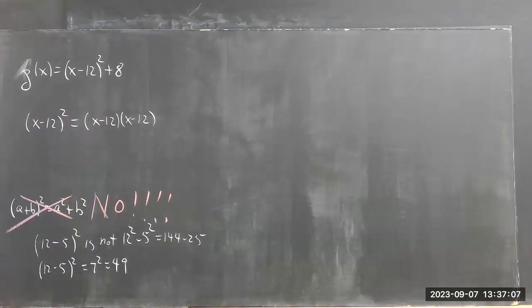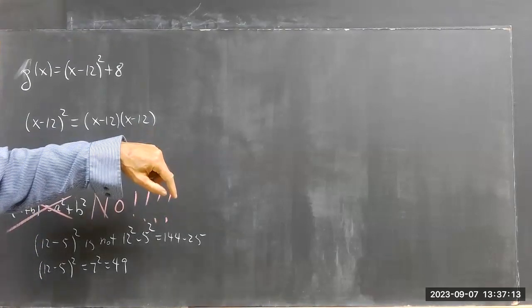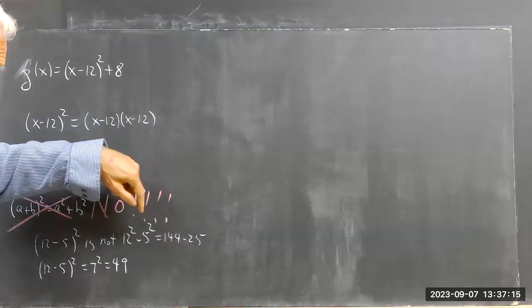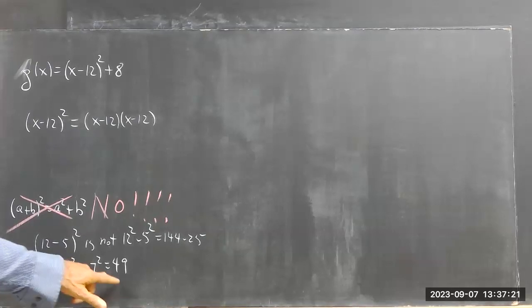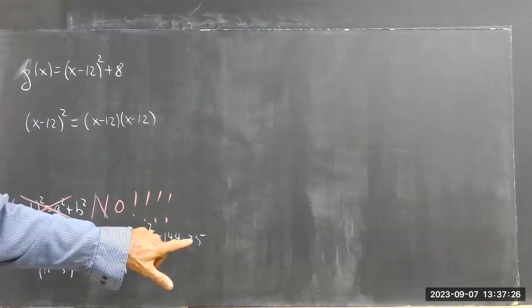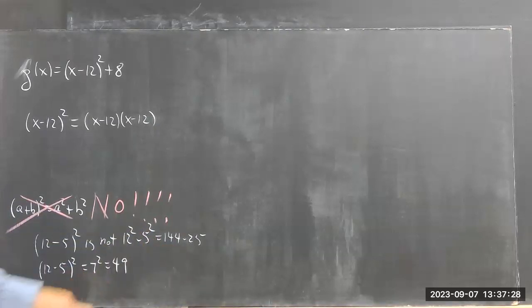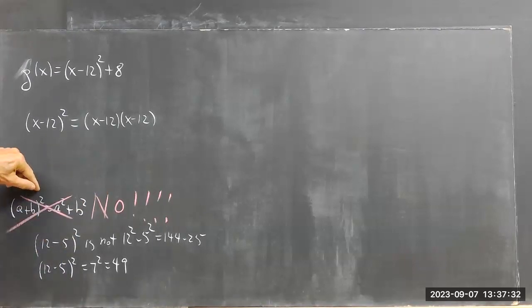For example, 12 minus 5 squared is not 12 squared minus 5 squared. 12 squared is 144, 5 squared is 25. 12 minus 5 squared, you do what's in the parentheses and you get 7 squared, which is 49. That's right, and it's clearly smaller than what you have here. You don't even have to calculate to see that. So big no: a plus b squared is not a squared plus b squared.